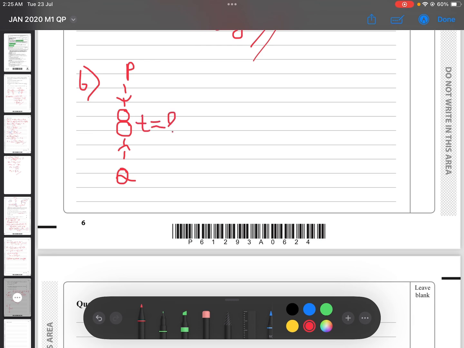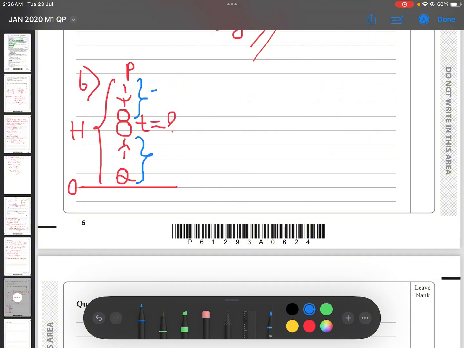We know that P is at the greatest height, Q is over here, and this is O. The greatest height is h. What we can do is find the distance here. The distance P travels down and the distance Q travels up is going to be equal to h.